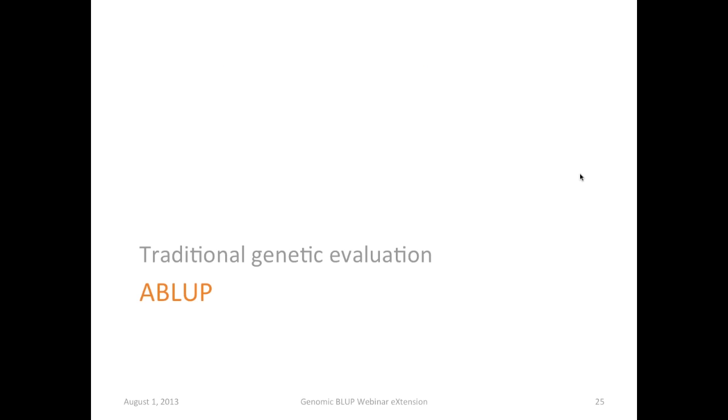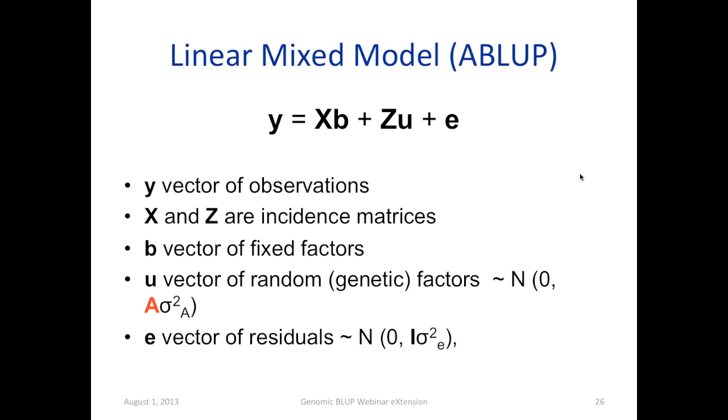Okay, let's move to traditional genetic evaluation using the pedigree and phenotype. This is just a review. I am sure everybody is somewhat familiar with that topic. This is just a reminder and a transition to genomic evaluation to see the differences. So we use linear mixed models to estimate breeding values of individuals, and we use phenotype and pedigrees.